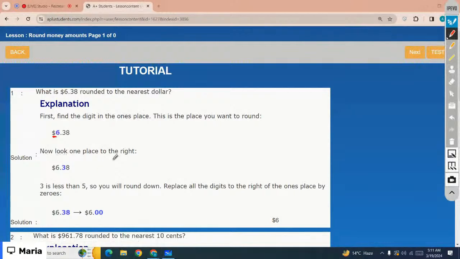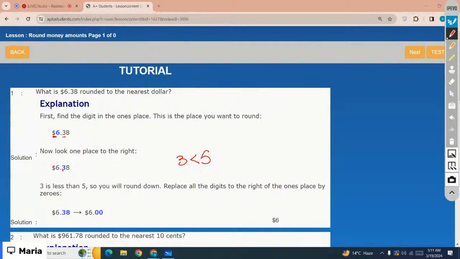So just look at the first decimal place right after the decimal point, that is 3. You have to compare this 3 to 5. 3 is less than 5. That means you have to round on the same dollar or same whole number. That's how you round off the decimal numbers, right?